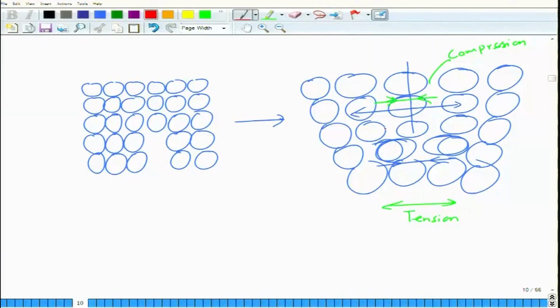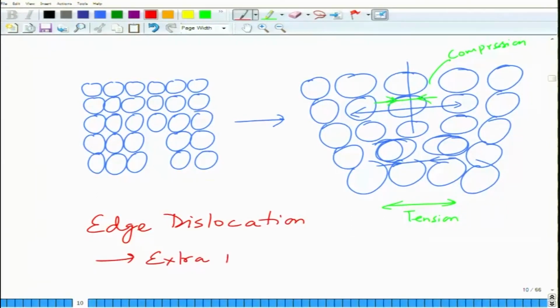So, this edge is basically an extra row of atoms. If you have an extra row present on the top plane, it is called a positive edge dislocation. If it is present on the other side, it is called a negative edge dislocation.